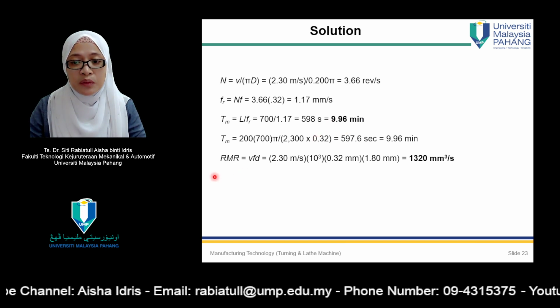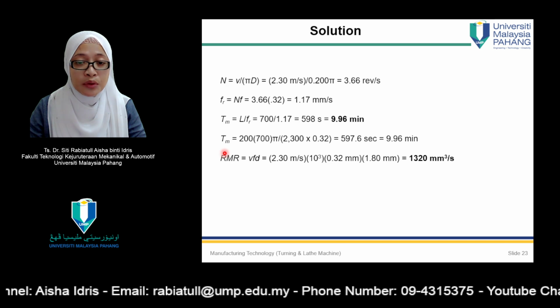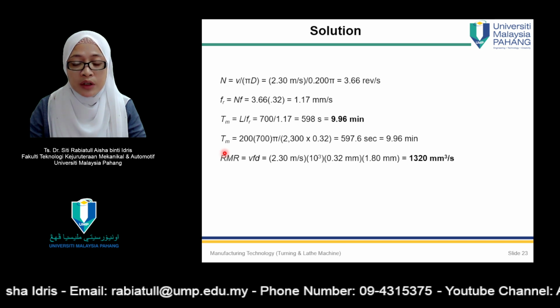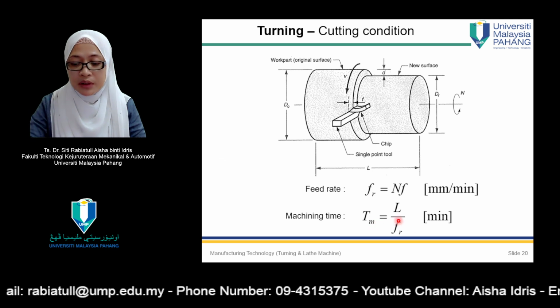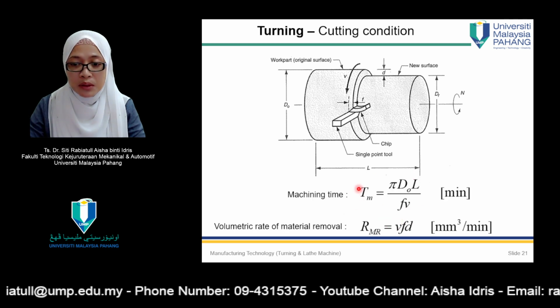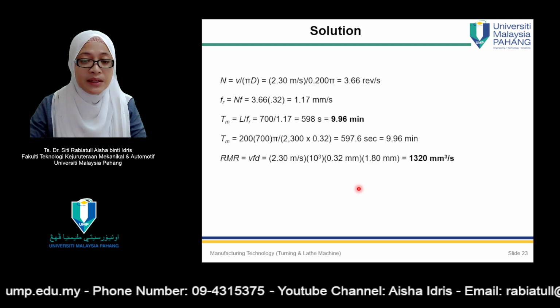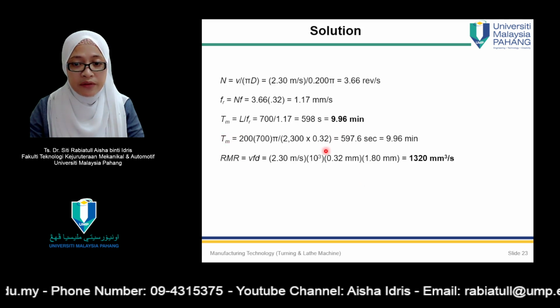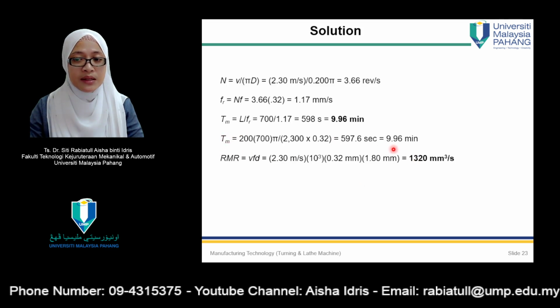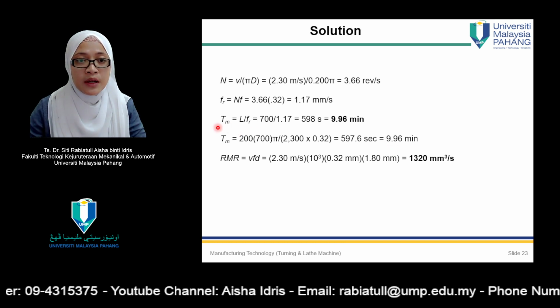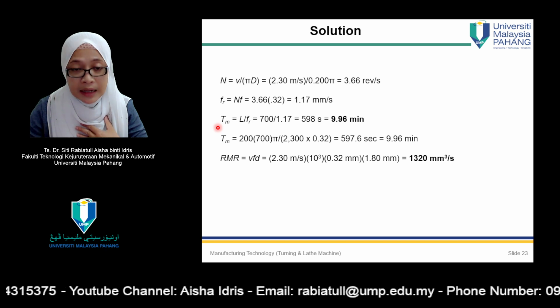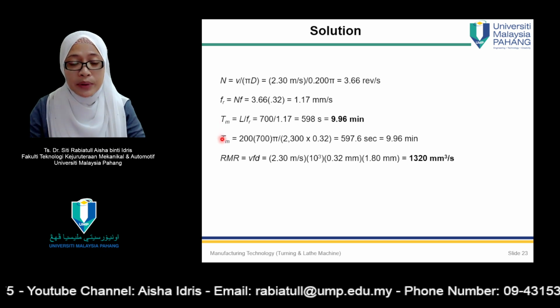And meanwhile, if you substitute the value of feed rate into cutting time, you should be able to get this formula. And then if you substitute all the information using that formula, you should be able to get the same answer as if you calculate differently, one by one separately.